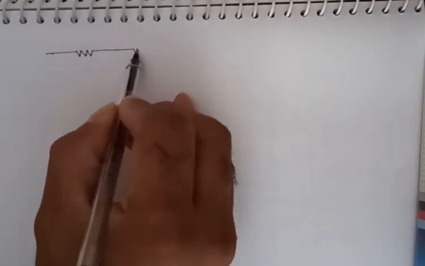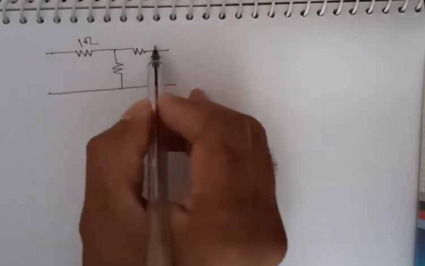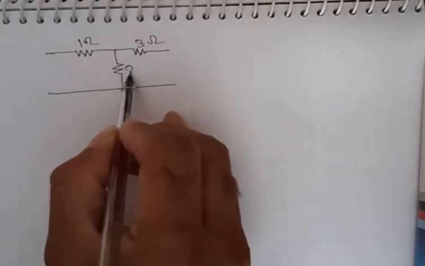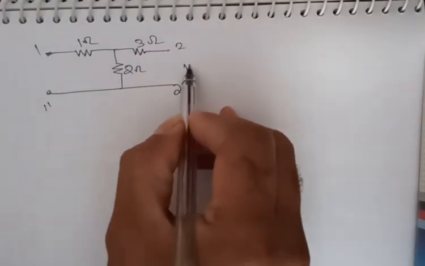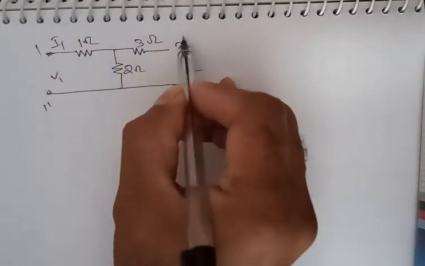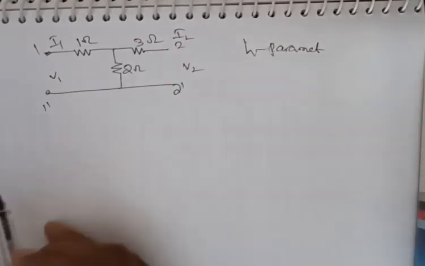How can you find the h parameters? Let us take an example here: 1 ohm, 3 ohms, 2 ohms between 1-1' and 2-2', with V1, V2, and currents I1 and I2. Find the h parameters for the given circuit.